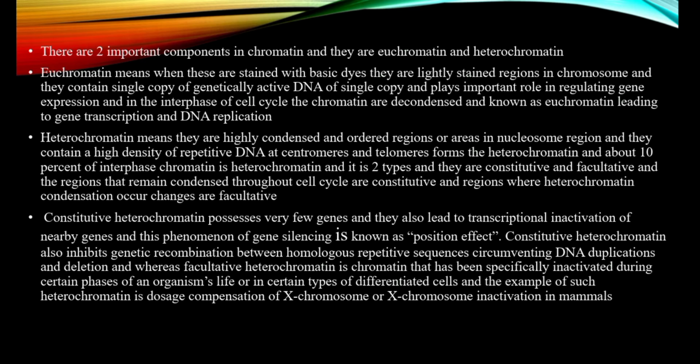They have a single copy of genetically active DNA. Their function is to play an important role in regulating gene expression and in the cell cycle, that is in the interphase. If these are decondensed, they are known as euchromatin. These lead to gene transcription and DNA replication also.